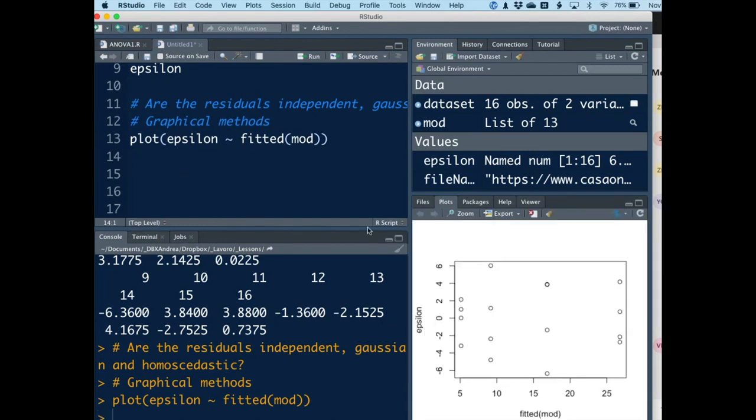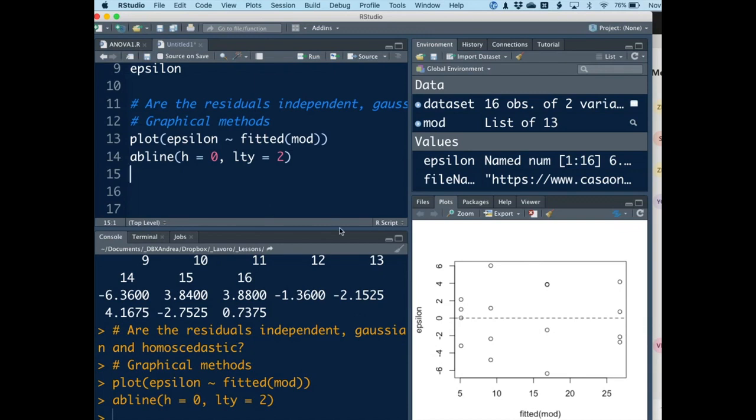Okay. Maybe we can add a horizontal line, h horizontal at y equals 0. So maybe we can even make it dashed. Here we go.